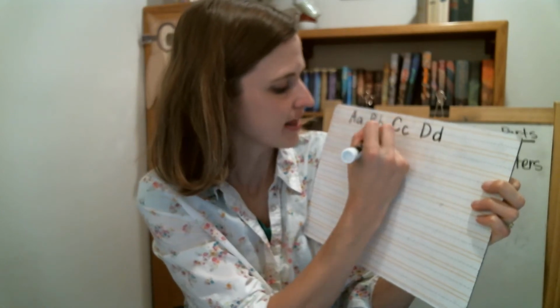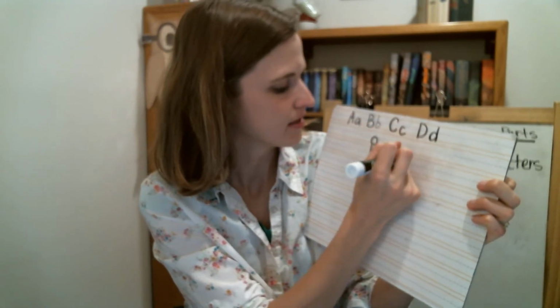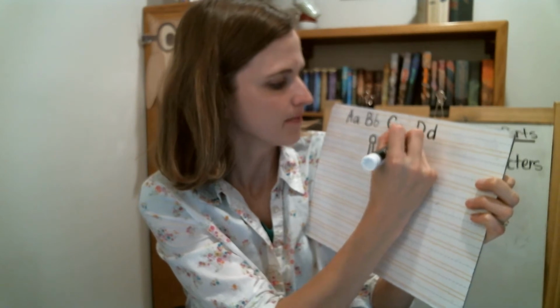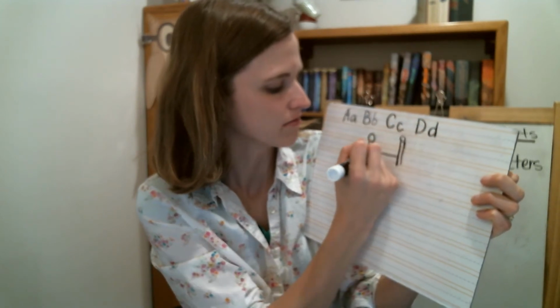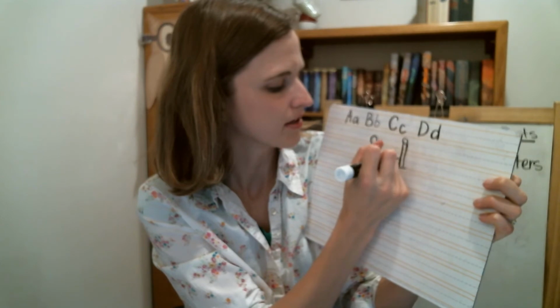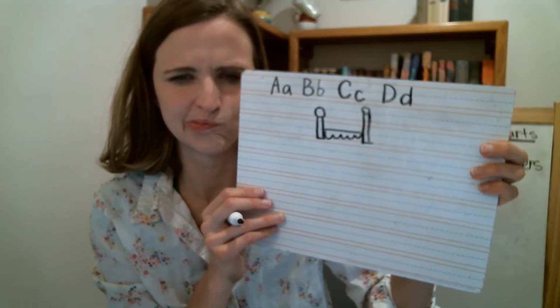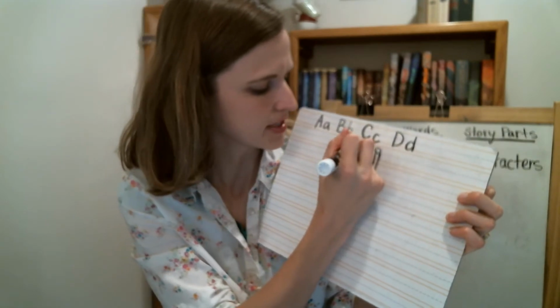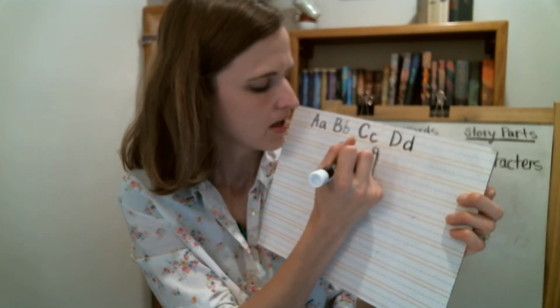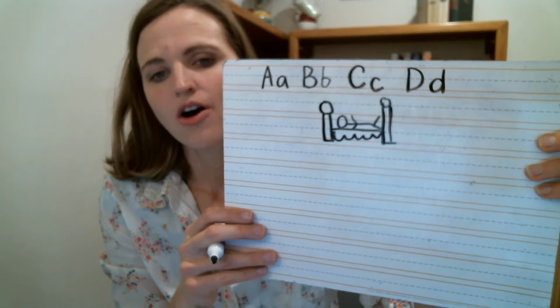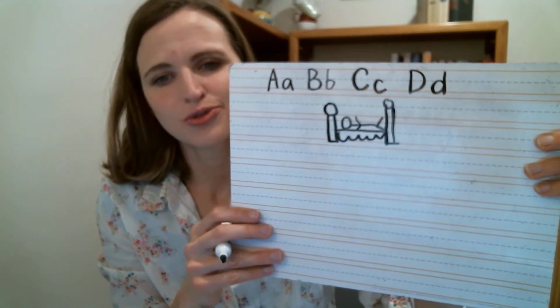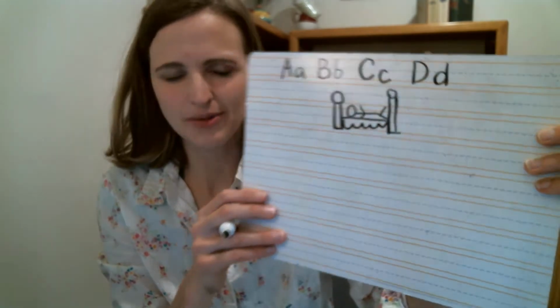What is this? Okay, maybe you can't tell because I'm not a very good drawer, but I'll keep trying. What is that? Is that a bed for somebody to lay on? Look, there's a bed for someone to lay on.